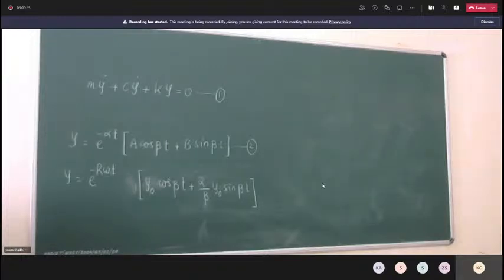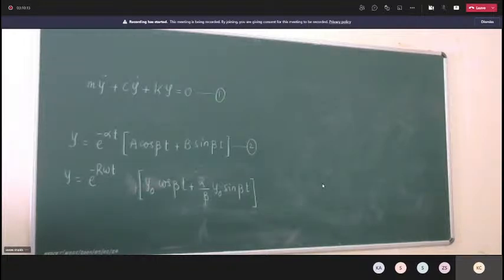What is asked in the question? Plot the displacement versus time graph. Can I plot the graph? It's difficult because there are three terms.